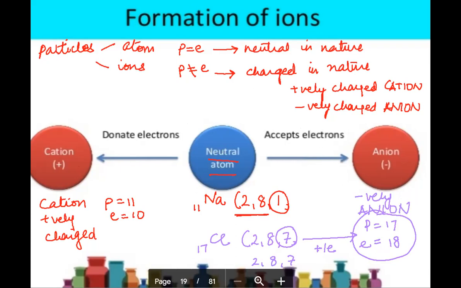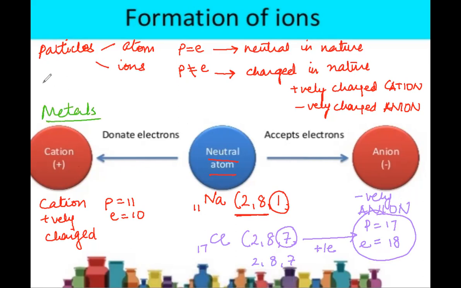Now, always remember that the metals will always form the cations because they belong to group 1, group 2, or group 3, and they lose 1, 2, or 3 electrons in order to attain the nearest noble gas configuration. And the non-metals will always form the anions. Why?